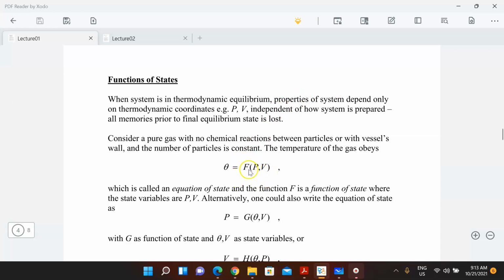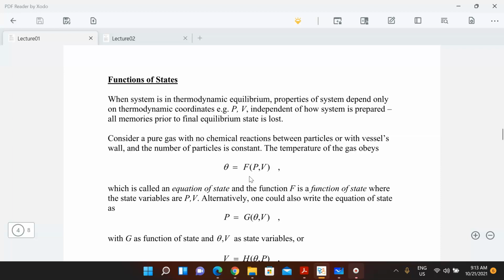In other words, this is what we call a state function, or function of states. Then, depending on the equation of state, which is actually the form of the function f, usually for the case of an ideal gas you know what it is, but it can be much more general than that.